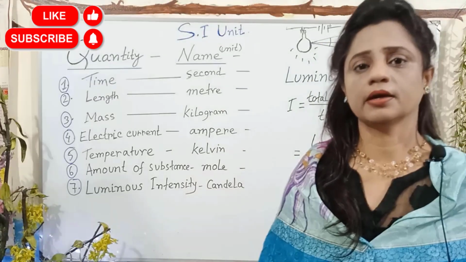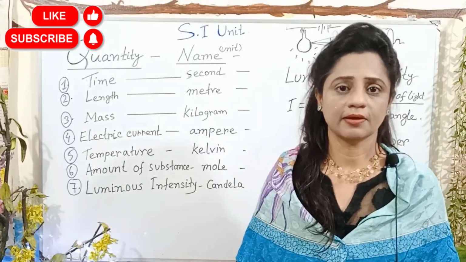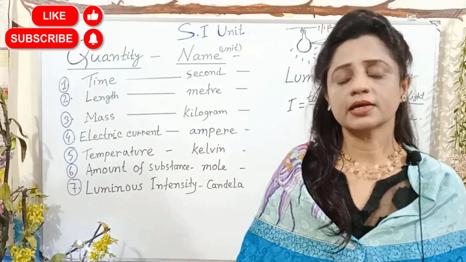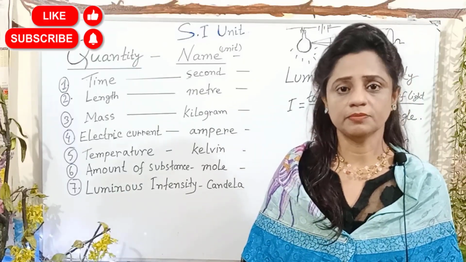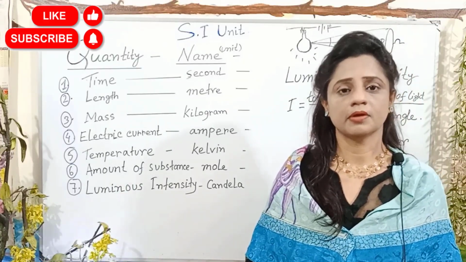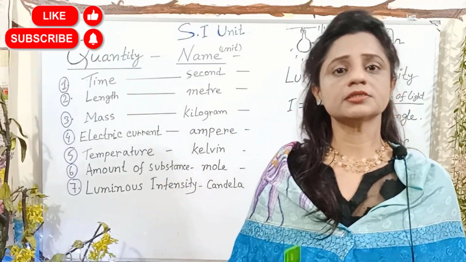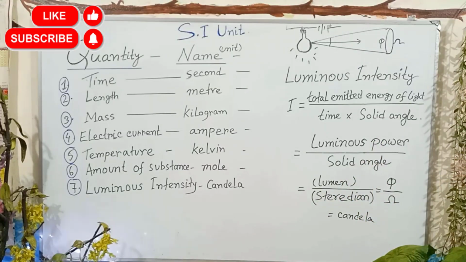We know that energy per unit of time is power, so we can say it is luminous power. Any kind of energy per unit of time is denoted by power. So it is luminous power divided by solid angle. The unit of luminous power is lumen, and the unit of solid angle is steradian.